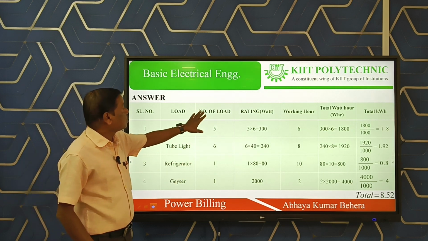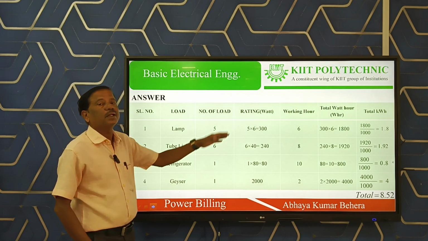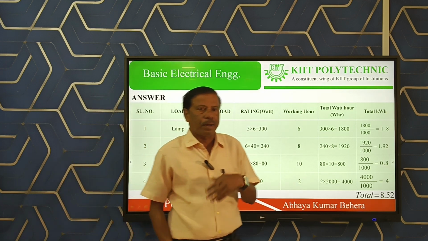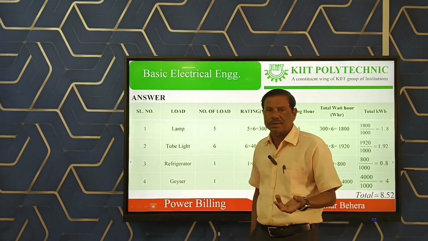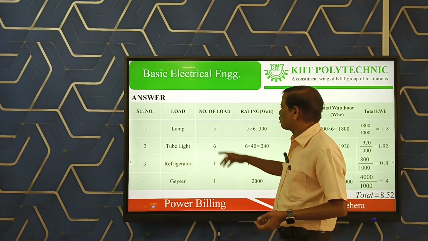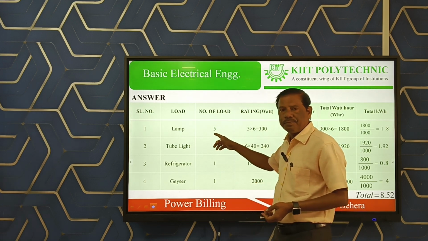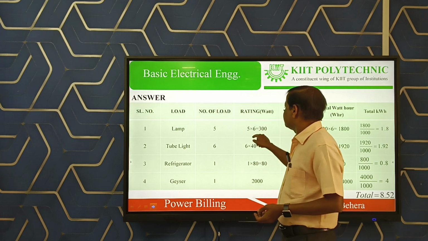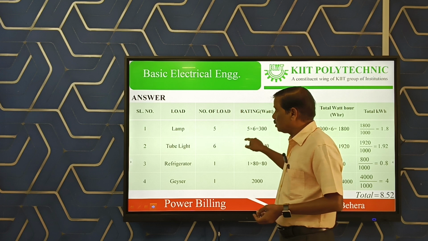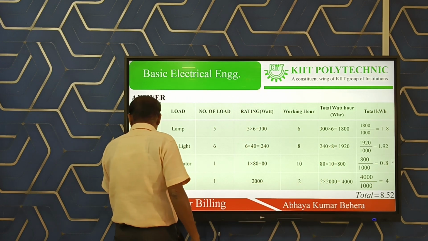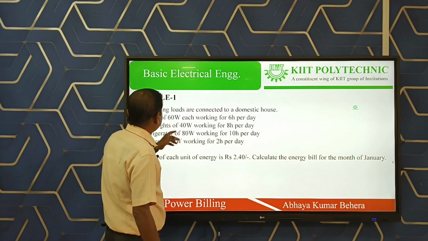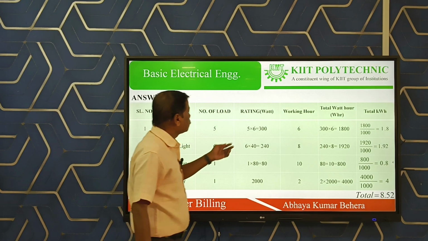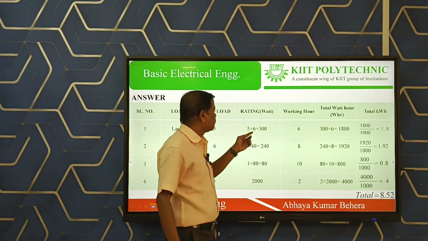These are the total number of loads in that house. Now come to the power. Power into time will give you the energy, so we have to calculate. The number of loads is 5 lamps. Each lamp is rated at 60 watt. So 5 into 60, it is by mistake written as 6.